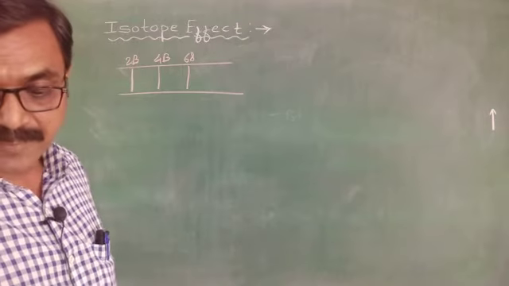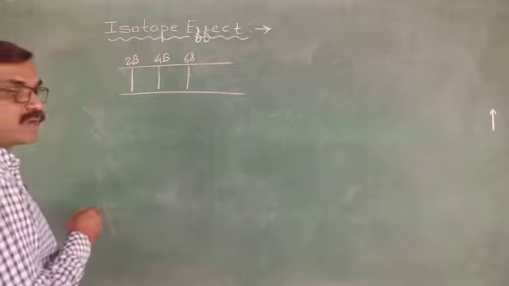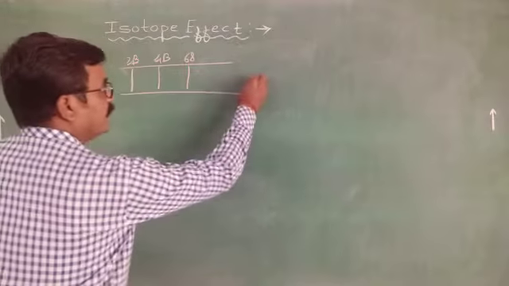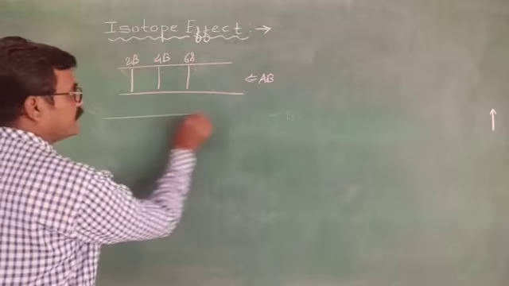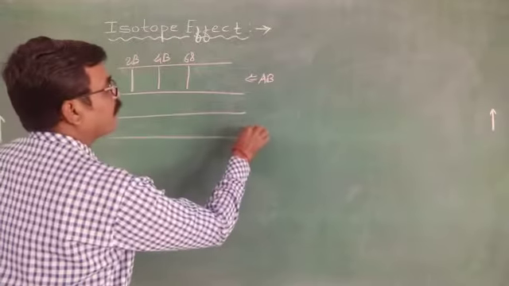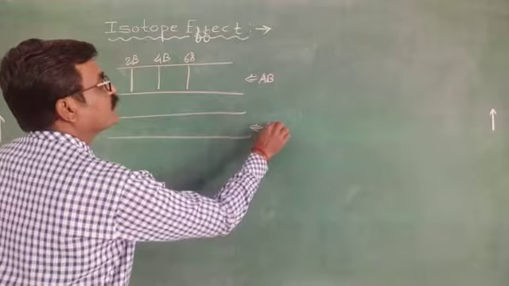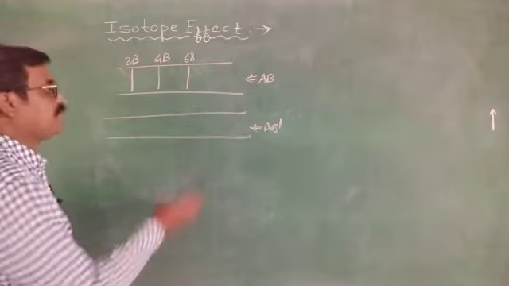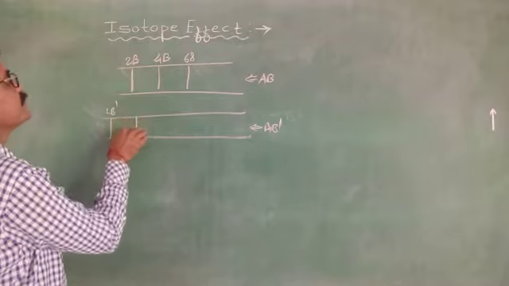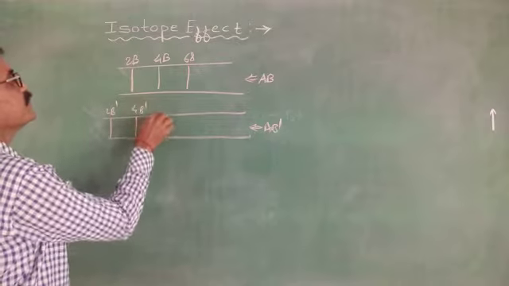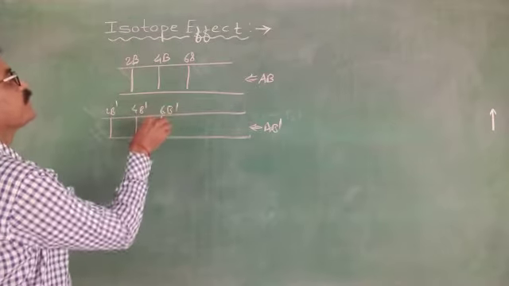Now, the same rotational spectra is plotted for another substituted molecule, say here in our example AB dash. Then it will be observed this is 2B dash, this is 4B dash, this is 6B dash and so on.